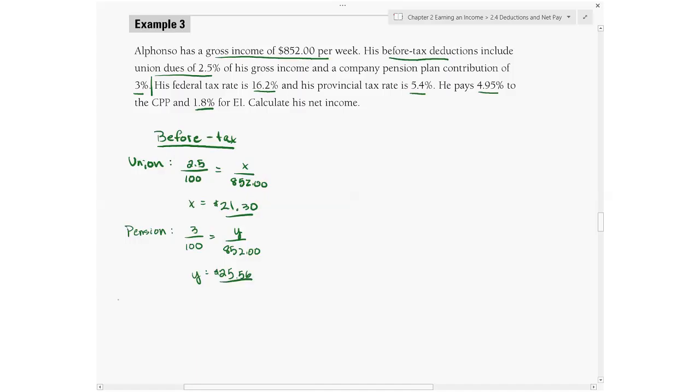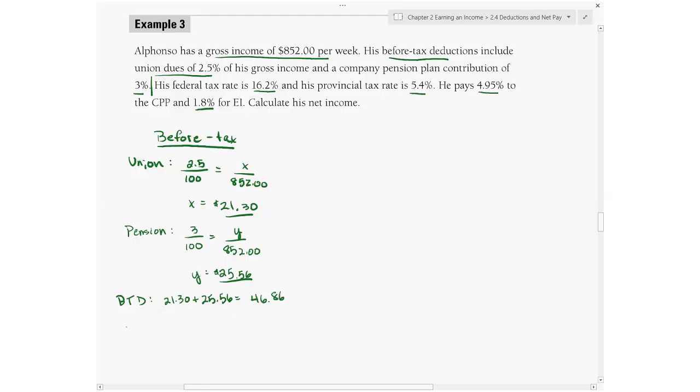So his before tax deductions, we'll just call it BTD, is he's paying $21.30 plus $25.56, and that's $46.86.